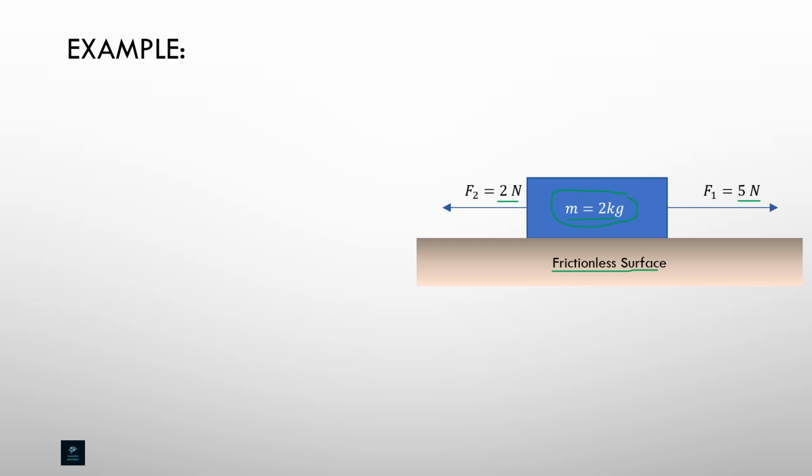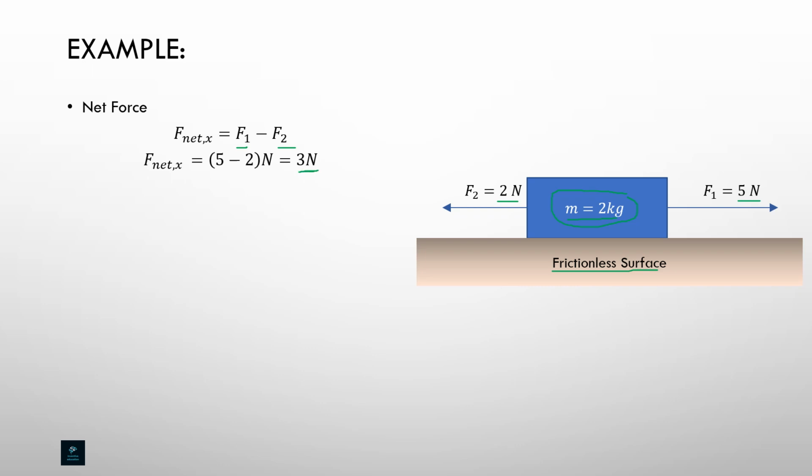So the first step in determining the acceleration is to determine the net force that is applied on this body. Since F1 is in the positive x direction and F2 is in the negative x direction, the net force in the x direction is F net x equal to F1 minus F2. Putting the values of F1, F2, we obtain F net x as 5 minus 2 is equal to 3 newtons.